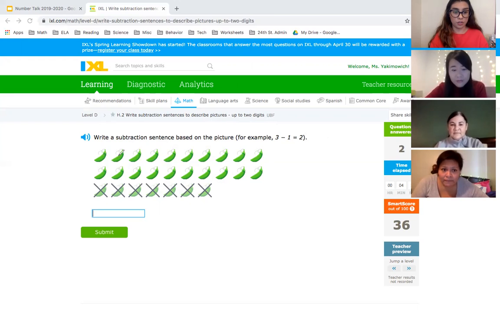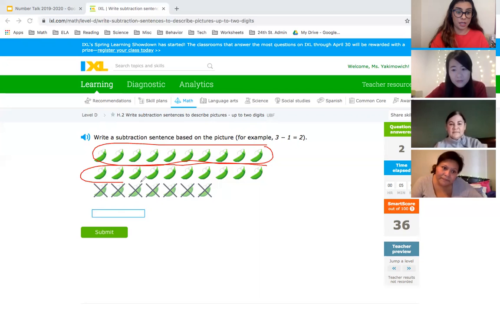So 1, 2, 3, 4, 5, 6, 7, 8, 9, 10 in the first row. So if we have 10 in this row, they both have the same amount in these two rows. So 10 and 10 more make 20. And then can I count on?